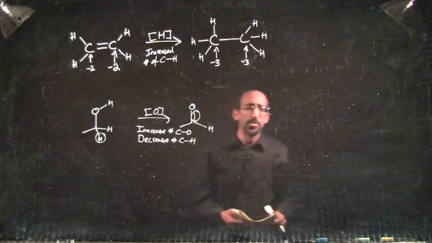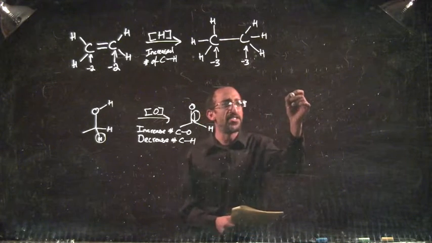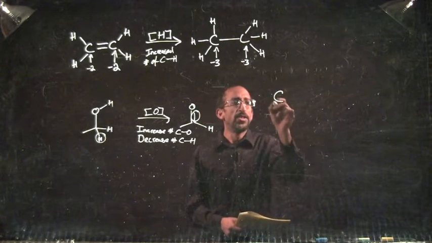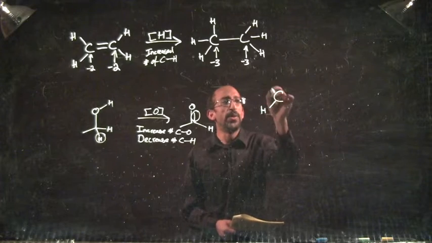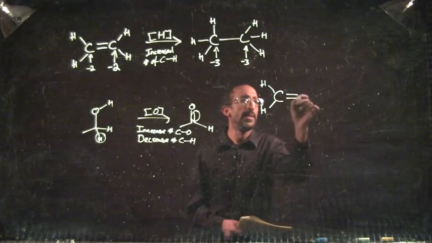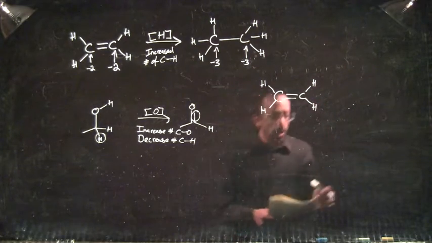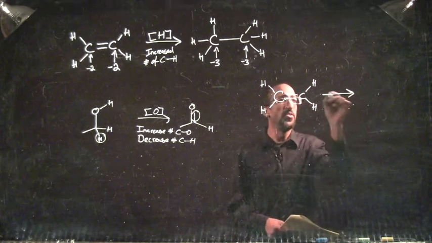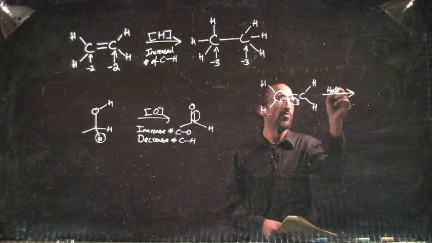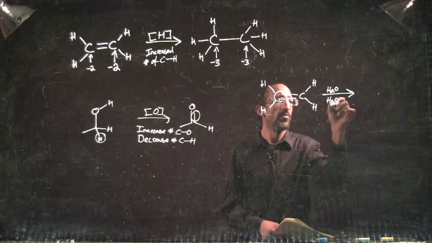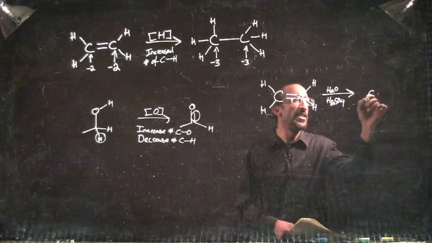I want to show you a reaction we've seen before and highlight why this is not a redox. So we have seen where we can take an alkene, and if we treat that with sulfuric acid and water, we convert it to the alcohol.